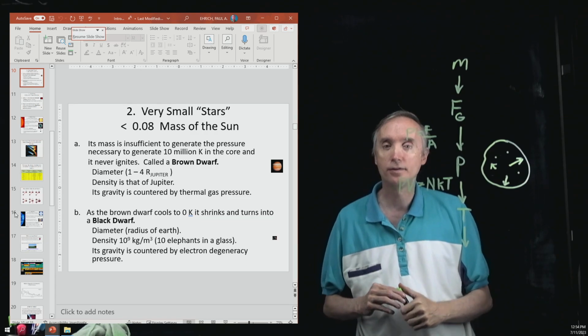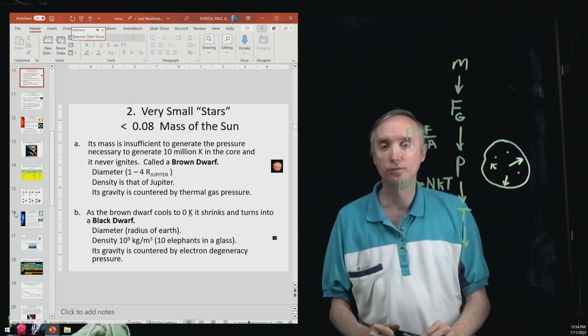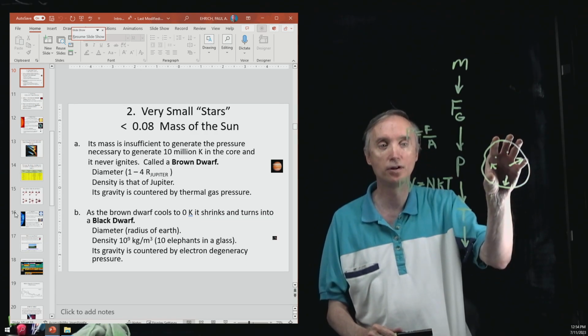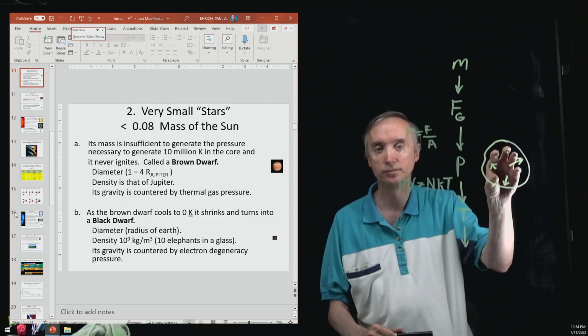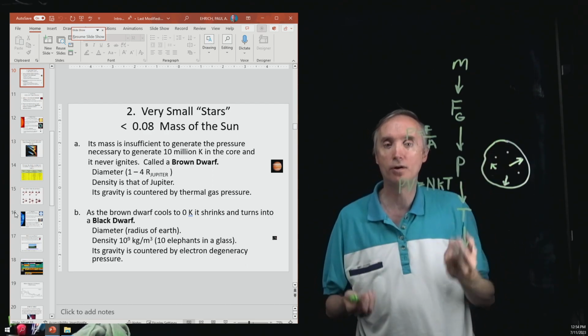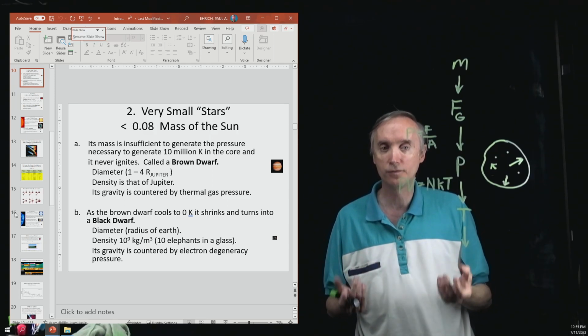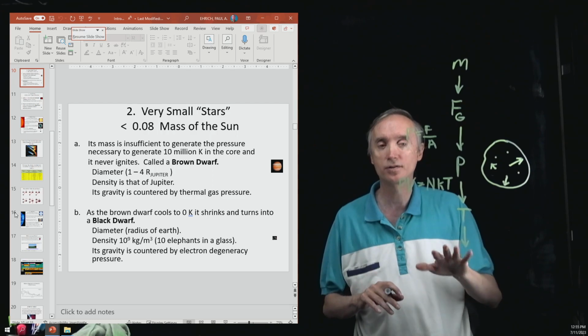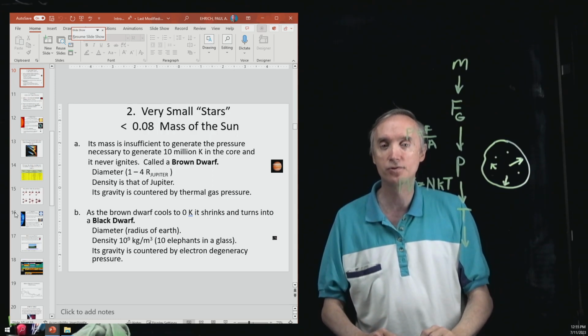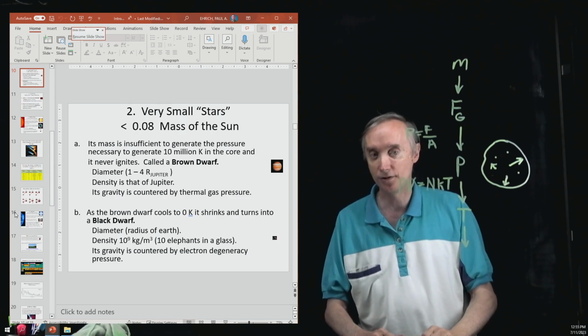Okay, and so eventually though, the temperature is going to go to absolute zero. So think about what's going on inside of Jupiter right now. In the core of Jupiter, the temperature is approximately 20,000 Kelvin. Now, is that enough for ignition?